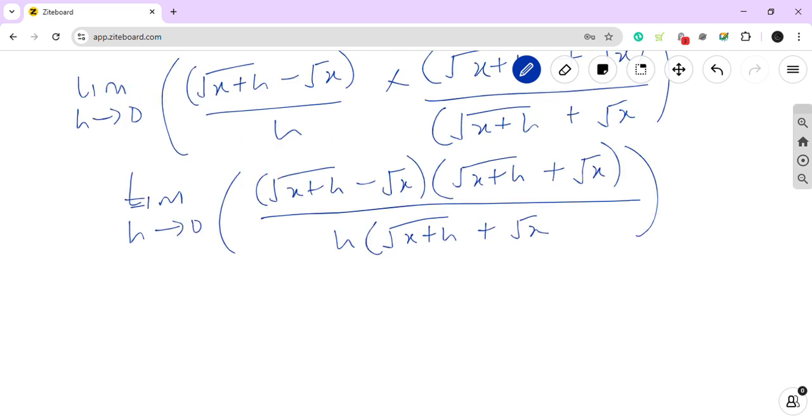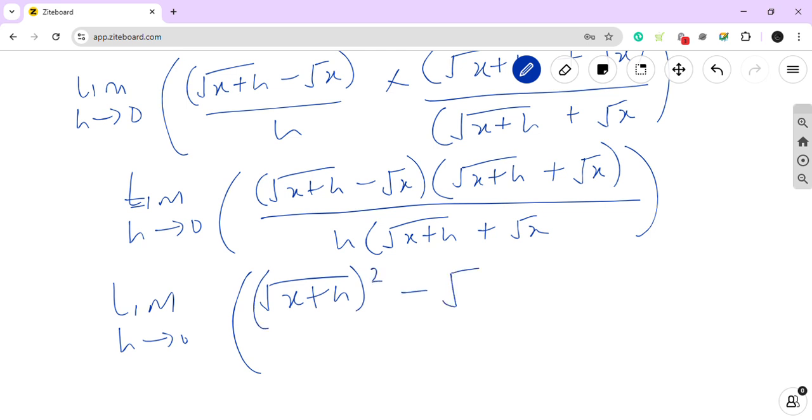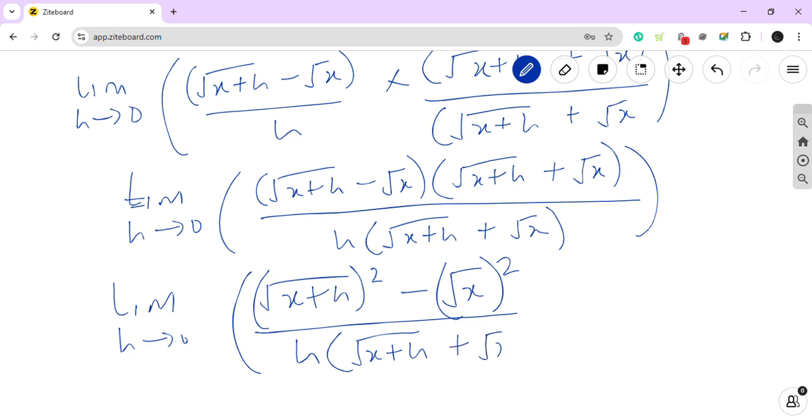So from here we have limit as h tends to 0. For the numerator, the upper part, we can make use of difference of two squares. So we pick the first component, root x plus h, all squared, minus the second component, root x, all squared, over h times the square root of x plus h plus root x.